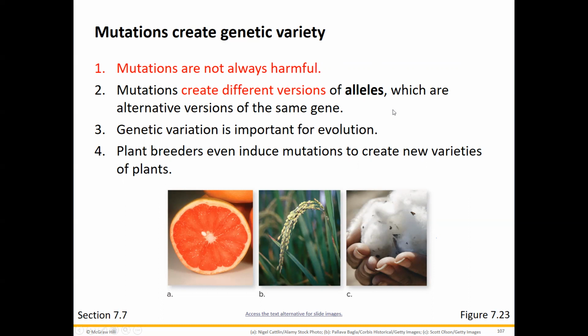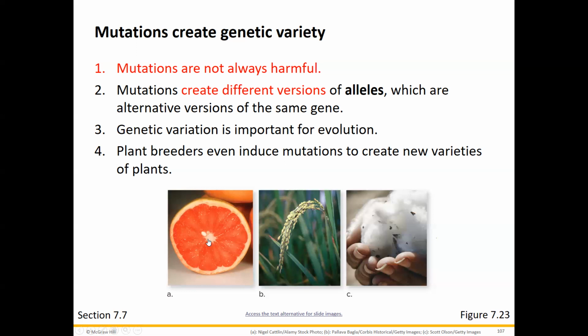So you could have an allele that codes for seeds, like in this grapefruit here. I guess there is a seed in here, but think of the oranges and the grapes and many of our fruits, watermelon, that we now have that don't have seeds. They're called seedless.